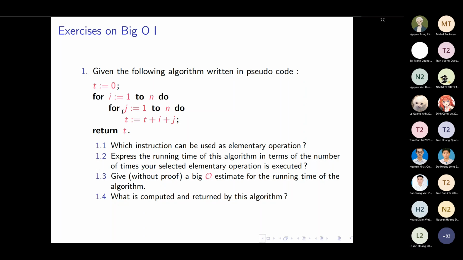It is only different by one execution. It wouldn't cause that much problem. And we are only interested in the big O time estimate here. So you can choose either the loop or whatever inside the loop. It's okay.